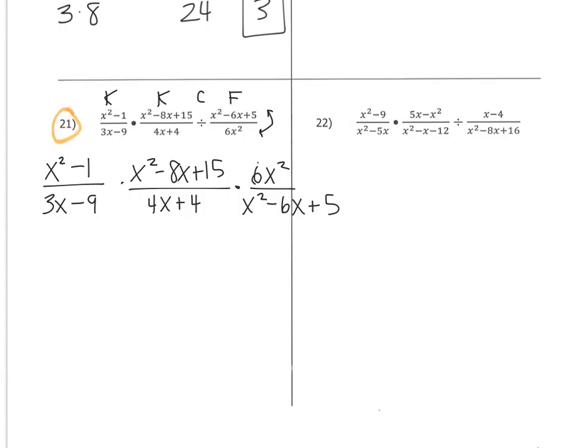If you need to pause the video for more time to write down your new problem, then just pause it. Otherwise, take a look at mine, make sure it's the same as yours, and start factoring piece by piece.